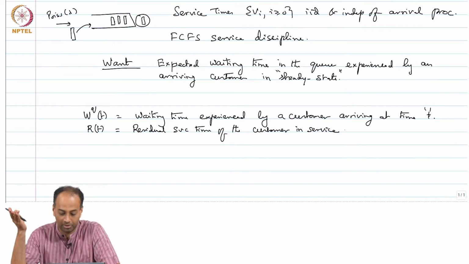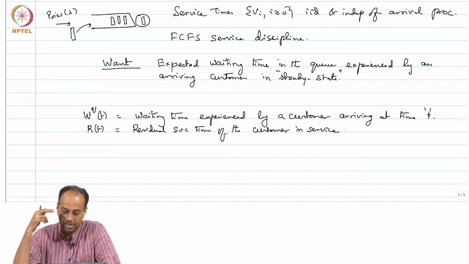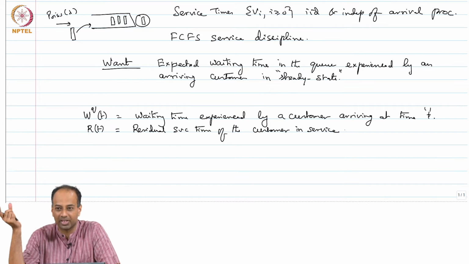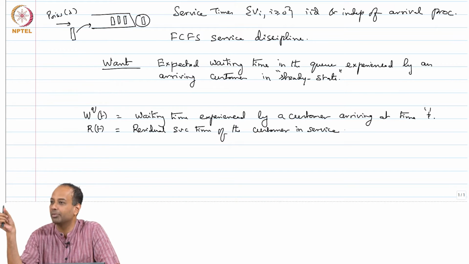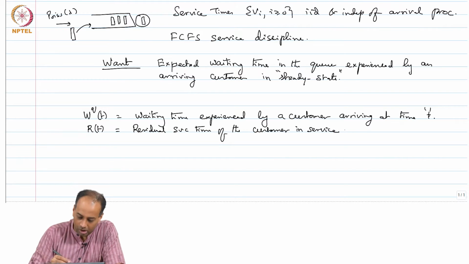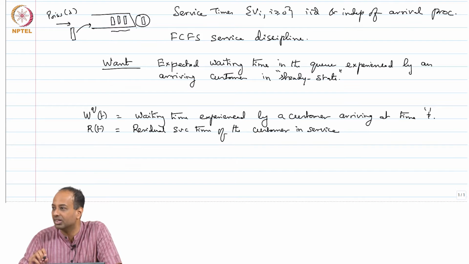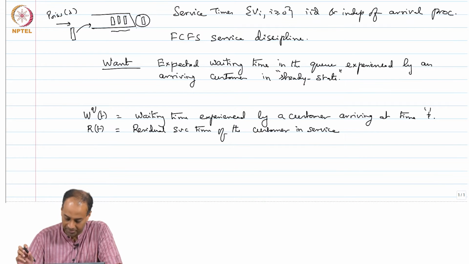How long would he have to wait? That customer has to first wait for the person who is already at the server to finish service. So, that residual time he has to wait, and then he has to wait for the service times of all of these guys who are already in front. Remember we are doing first come first serve, so you have to wait for all of this.